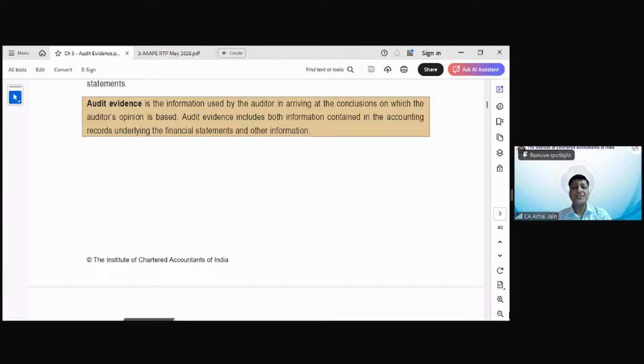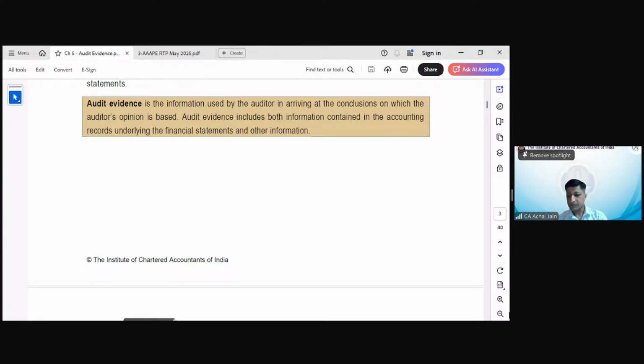Now, what could be the basis? Say the management has considered the latest sales invoices. Latest means at the time when that working was prepared, the latest sales invoices were picked up, on the basis of which the NRV has been put down in the working sheet.